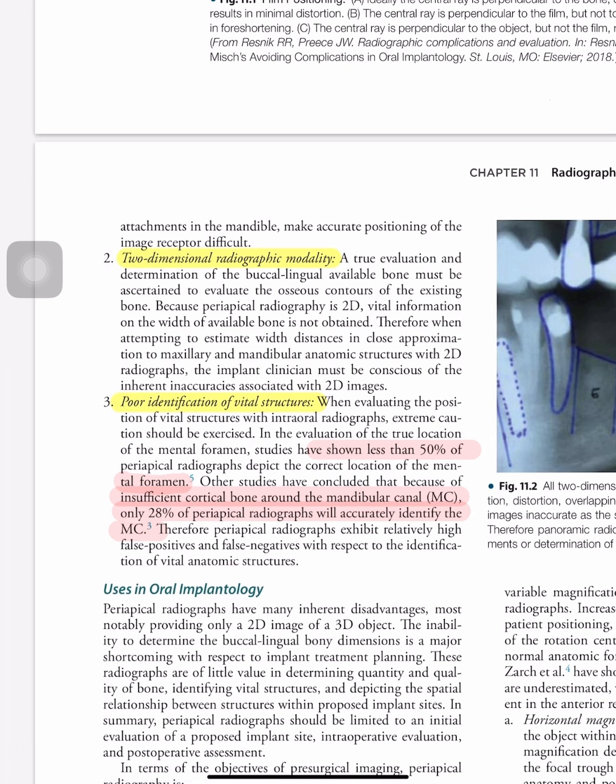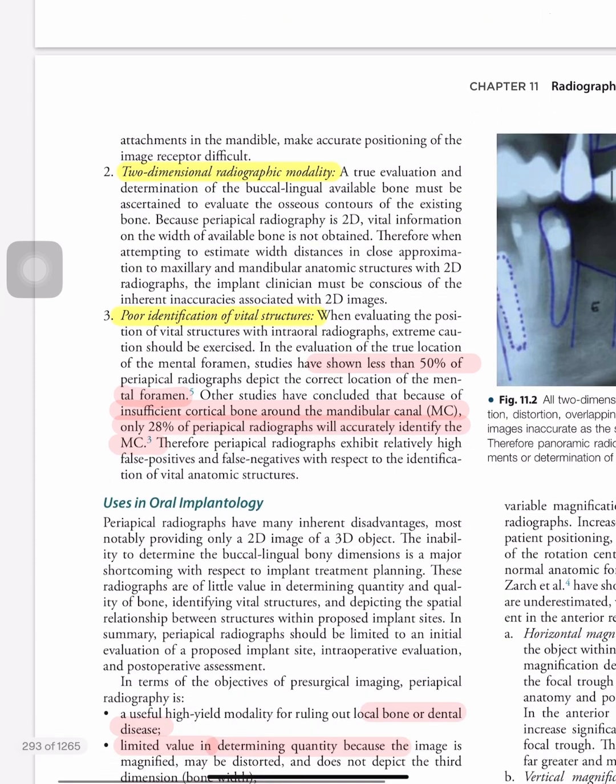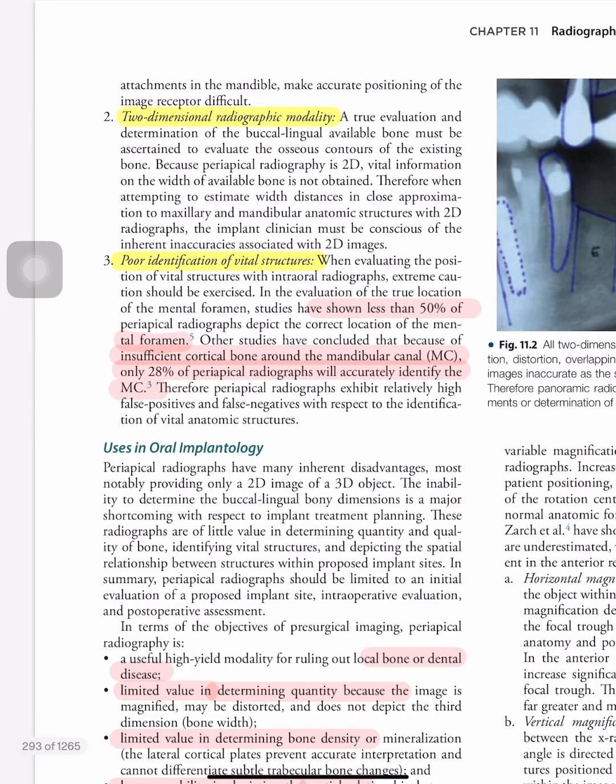Another disadvantage is that it is a two-dimensional X-ray. When we are planning for implant placement, we need a 3D image to place it successfully. Two-dimensional images are not sufficient. Next disadvantage, poor identification of vital structures. Often in two-dimensional X-rays, it is difficult to differentiate between certain vital structures, especially if they have similar bone densities.